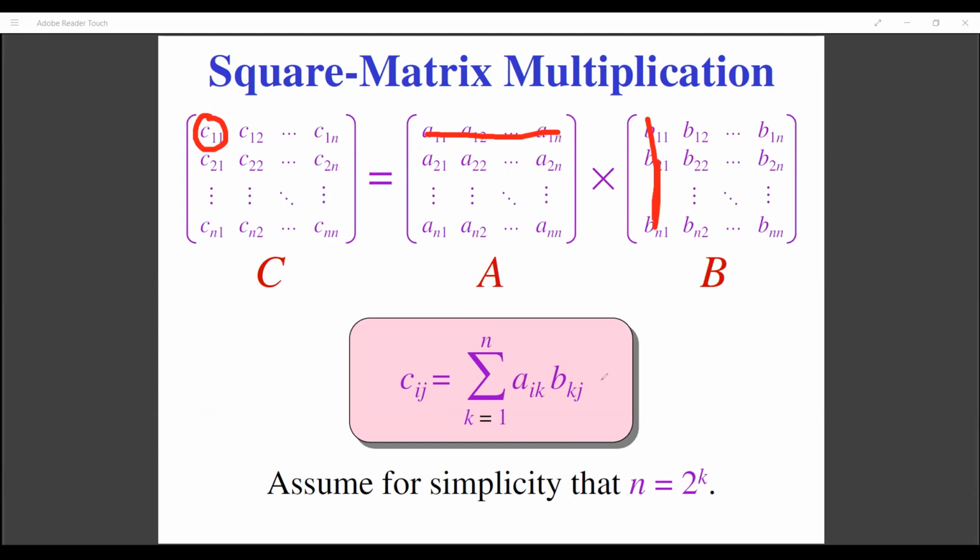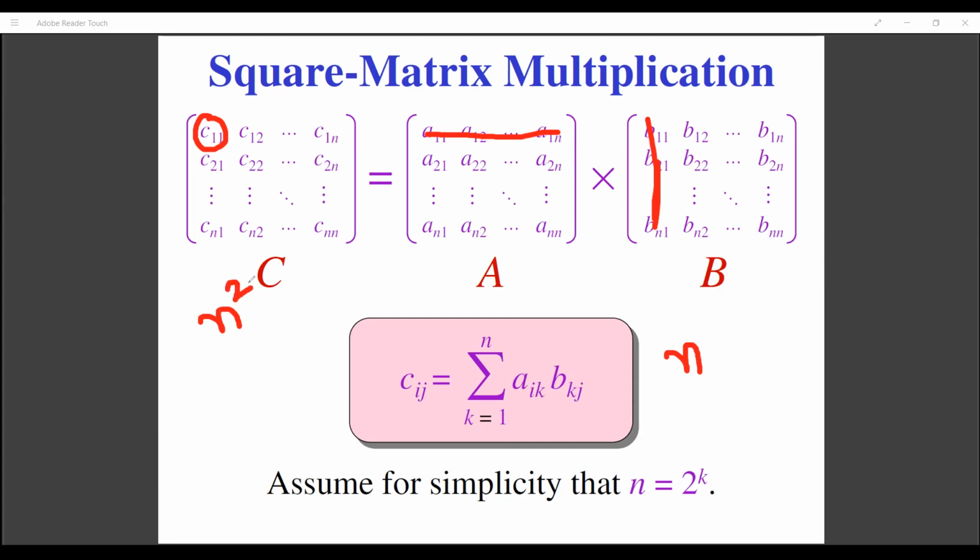The number of multiplications we need to perform to get Cij is n multiplications. If we consider matrices of order n cross n, the total number of elements in the resultant matrix is n square.